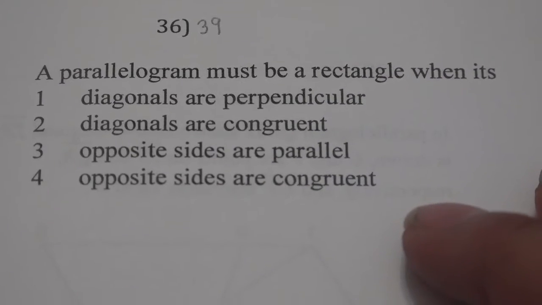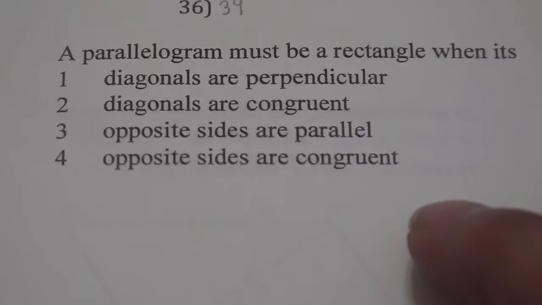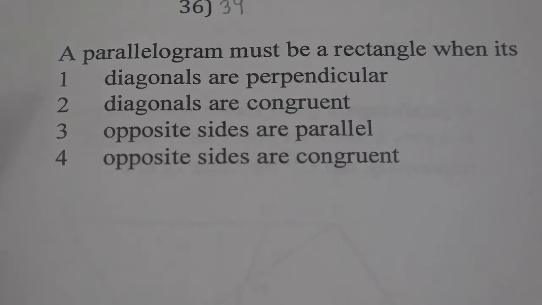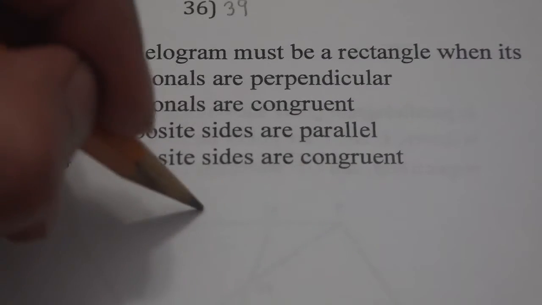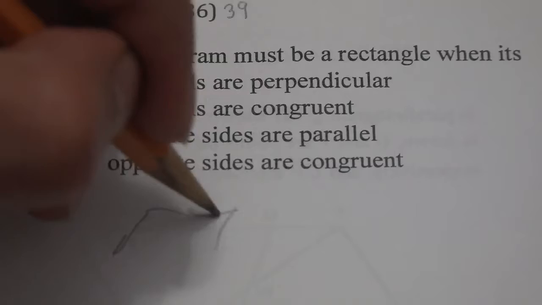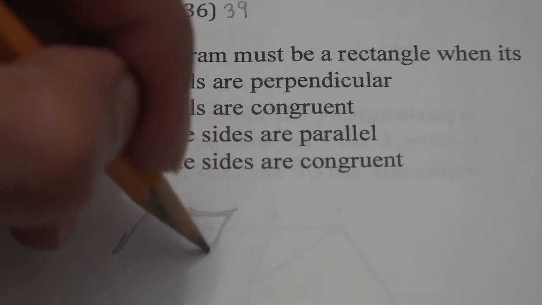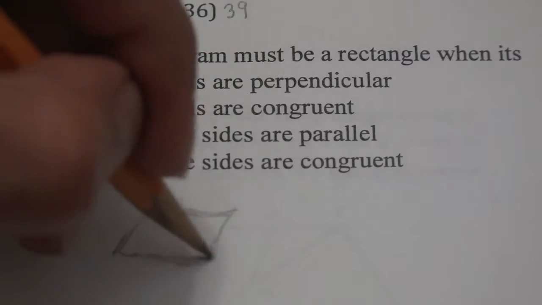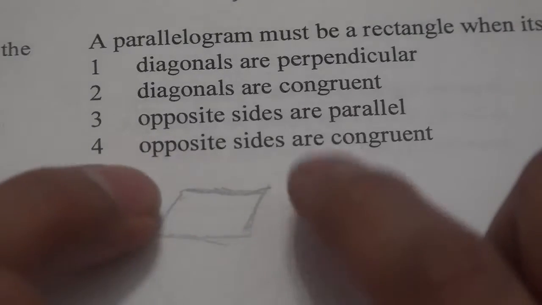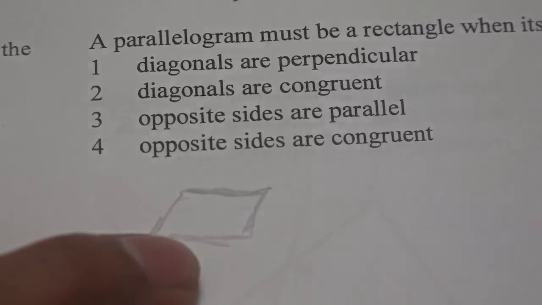Okay. Here, a parallelogram must be a rectangle when its diagonals are, well, quick explanation. A parallelogram is a shape whose opposite sides are parallel.